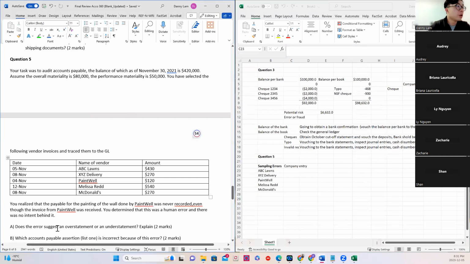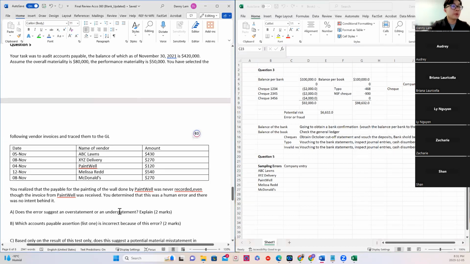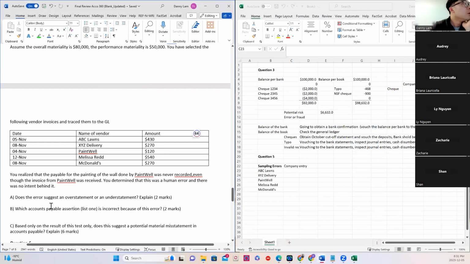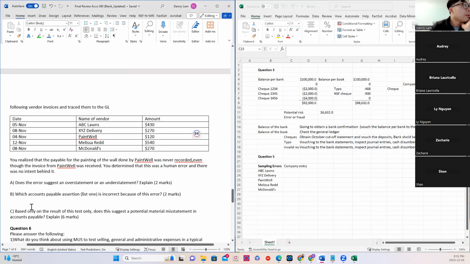One, is it an understatement or overstatement, right? Remember, when we're doing tests, we're looking at, are we doing overstatement or an understatement? And are we using the right method of testing? And then two, what's the assertion? And based on the result, is this material or not, right?